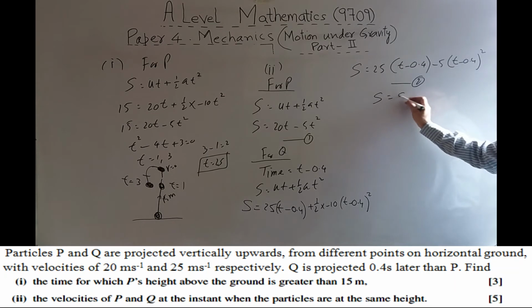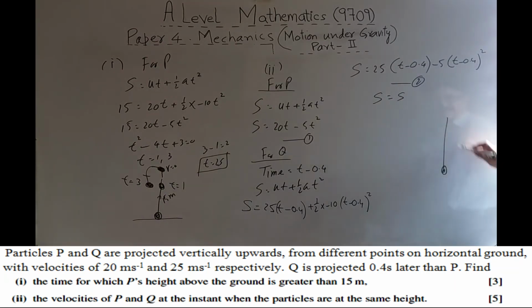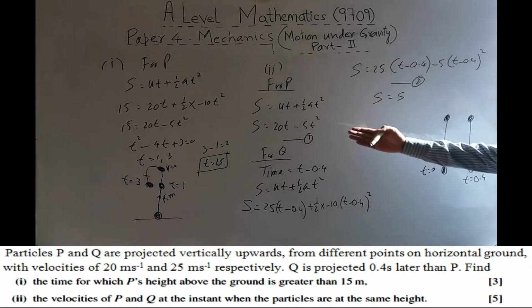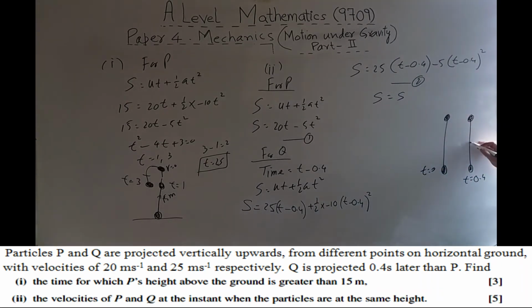Now they are at the same height. In the question it is given that they are at the same height after time t. For P the time is t. Here the time is 0 for P, but for Q the time is 0.4 when it is projected. But it is projected with greater velocity 25, so it will move fast. So at the time t they will be at the same height, but Q is projected 0.4 second later.